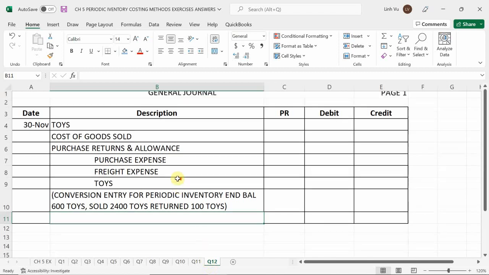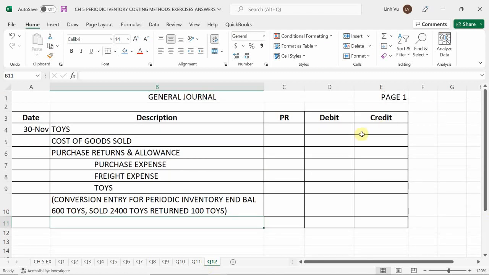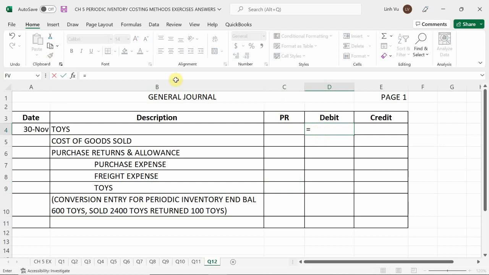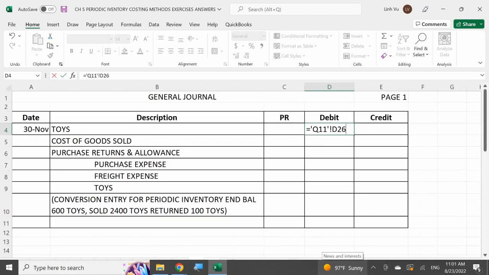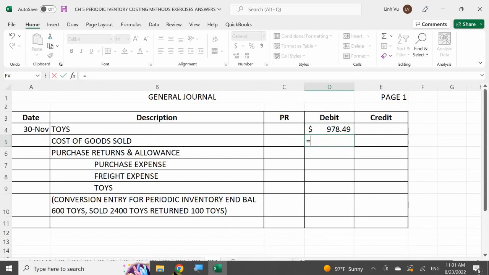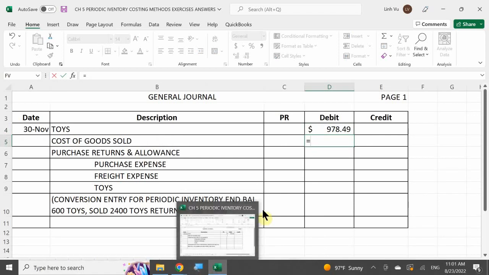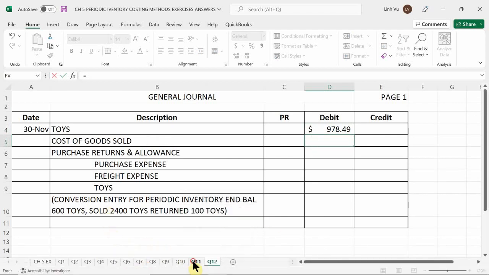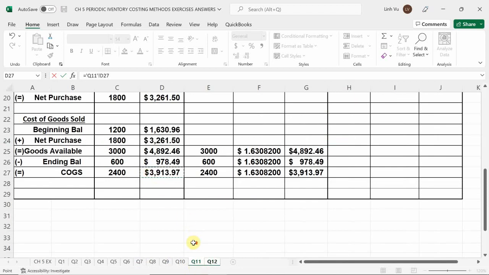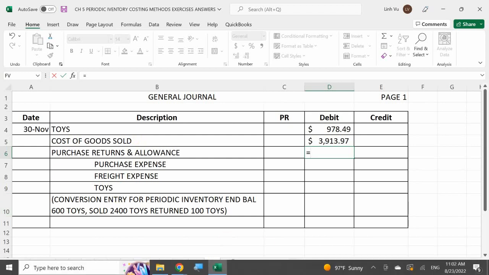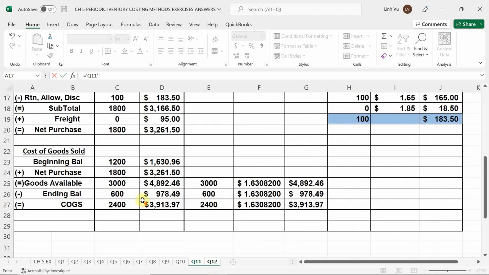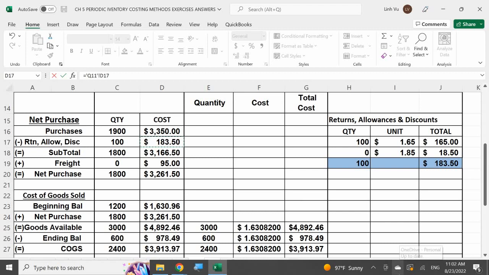Okay. So let's see. What was the total value of your ending inventory? $978.49. What was the total value of your cost of goods sold? $3,913. What was the total value of your returns and allowances? $183.50.